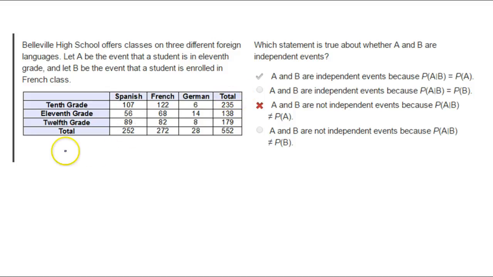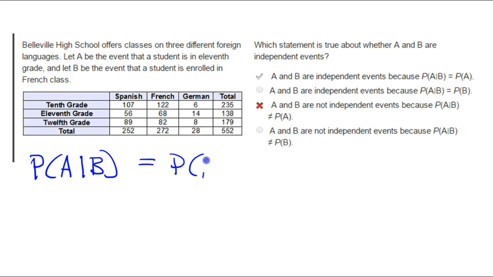If you want to check whether events A and B are independent, you look at the probability of event A given event B and compare that to the probability of event A by itself. If those are equal, then those events are independent.